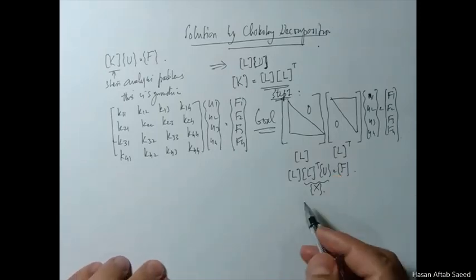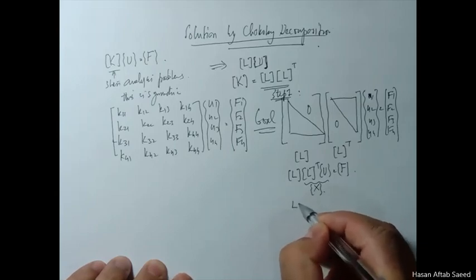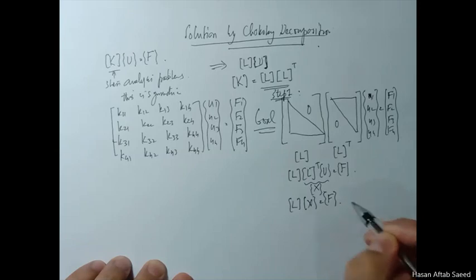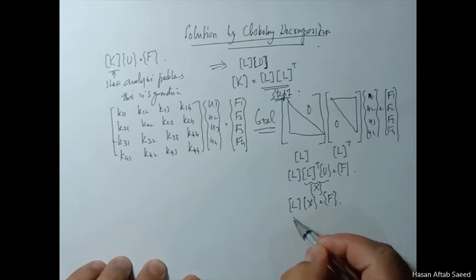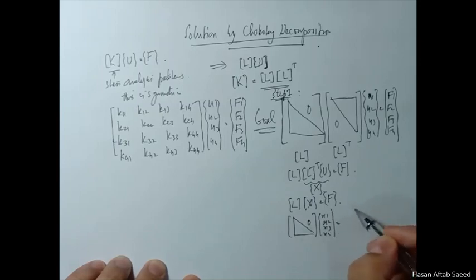Now we can write this as x1, x2, x3, x4. We have some values f1 to f3, f4.